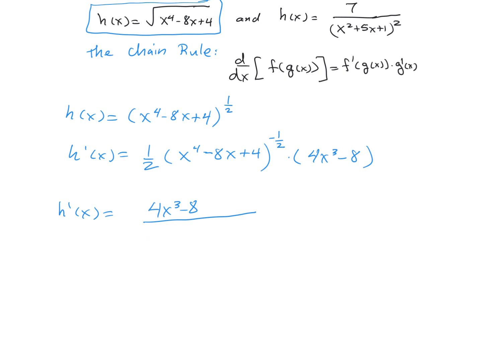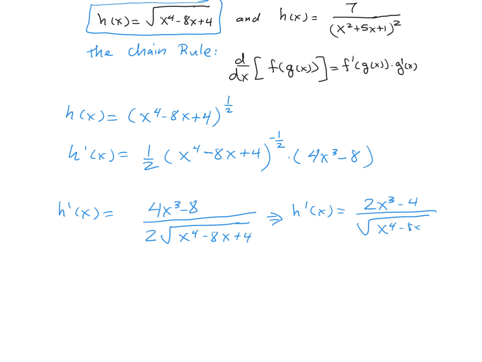So it's going to be 2 times the square root of x to the fourth minus 8x plus 4, which can actually be simplified down with that 2 in there as 2x cubed minus 4 over just the square root of x to the fourth minus 8x plus 4. And let's fix that 8. That 8 is a little unsightly there. All right, so that is our derivative for the first of the two functions.